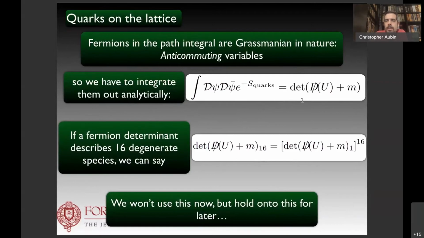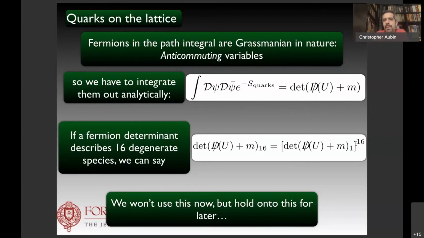Then this determinant, which describes 16 degenerate quarks, you can show would be equivalent to the determinant of a single quark raised to the 16th power. This is something we can prove, but I'll just let it slide by for now.